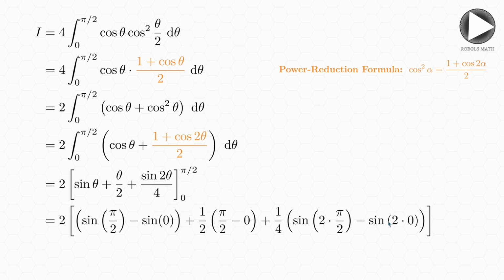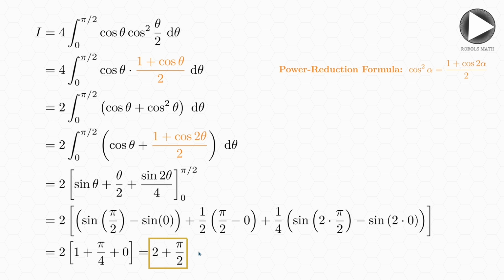We get 1 minus 0, then 1/2 times pi over 2, and 1/4 times 0 minus 0, so that's 0. So we have the answer being equal to 2 times the quantity 1 plus pi over 4, which we can further simplify as 2 plus pi over 2. And that's our final answer.